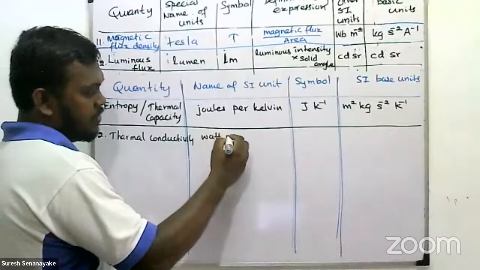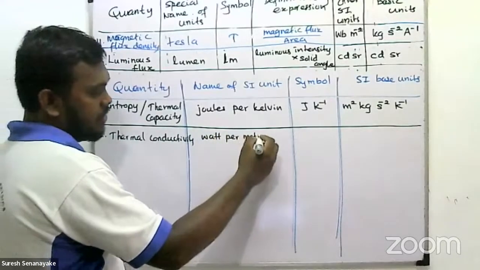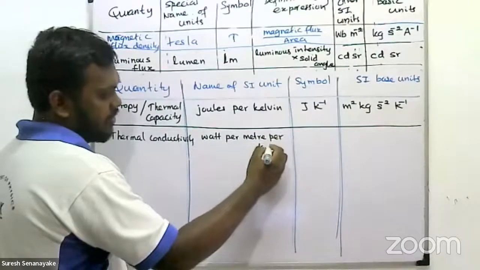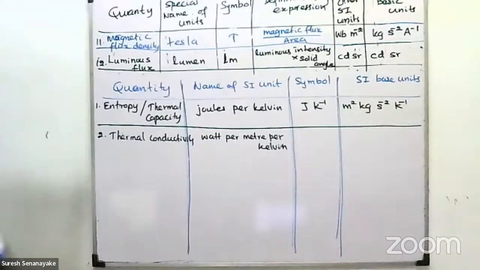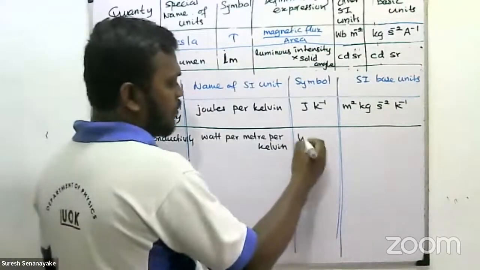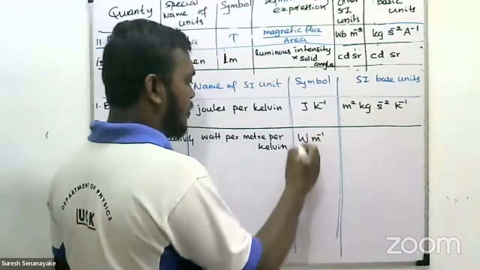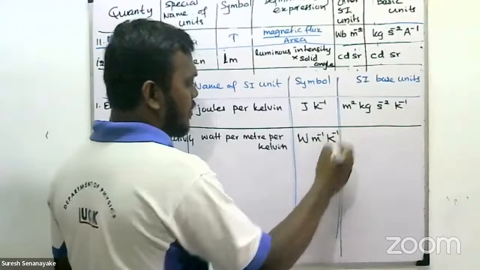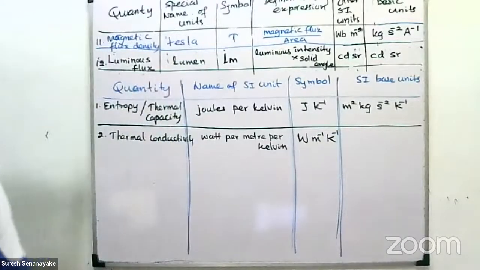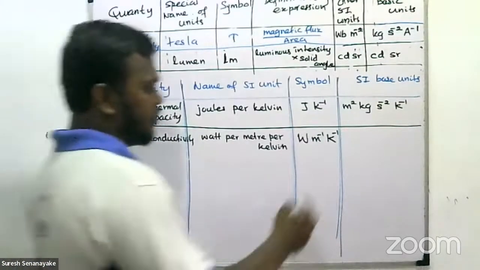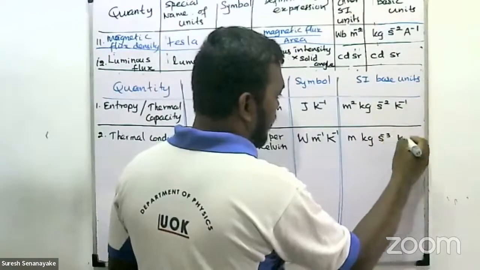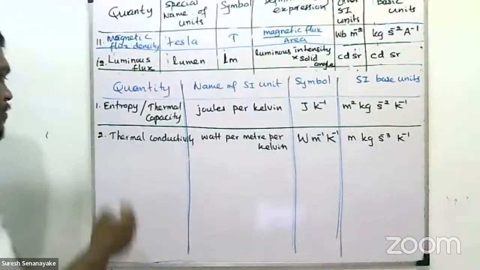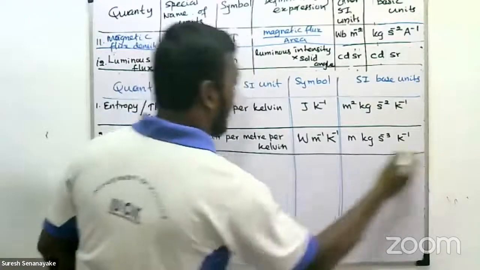The symbol is W for watts, m minus 1 for per meter, and K minus 1 for per Kelvin. In SI base units: meter, kilogram, s minus 3, K minus 1. This K should be written in capital.